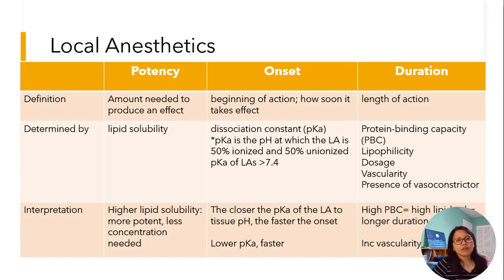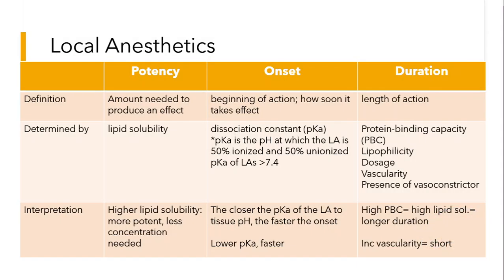All right. Now, when we talk about local anesthetics, I'd just like to lay out some definitions with regards to different terms. Here we have the terms potency, onset, and duration. So how do they differ?